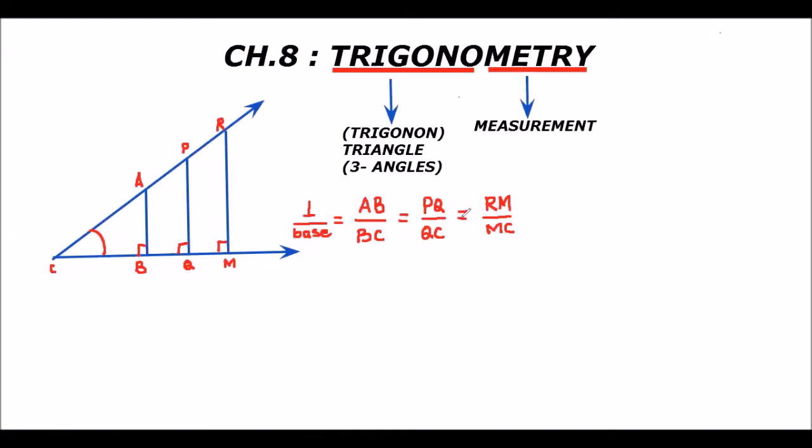So our mathematicians took an angle and dropped the perpendicular at different places, and they observed that whenever they took the ratio of two sides, suppose the ratio of perpendicular and base, at different places, every time they got the same ratio.